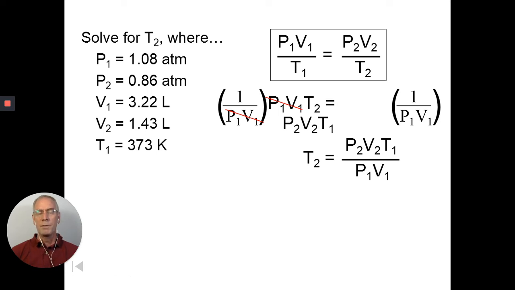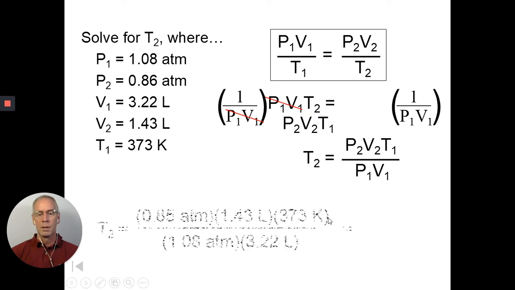Now, if you've taken the time to do the algebra on the equation and you have all of the variables listed with numbers and units, I will then let you use what I call naked numbers, numbers without units, to plug in. Now, we know that T2 is going to have units of Kelvin because it's temperature. So we can plug in.